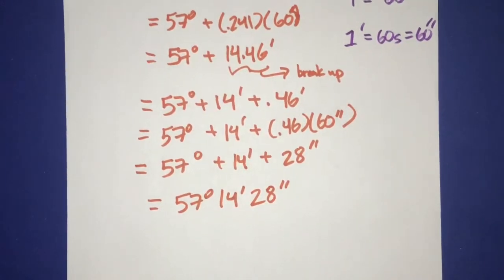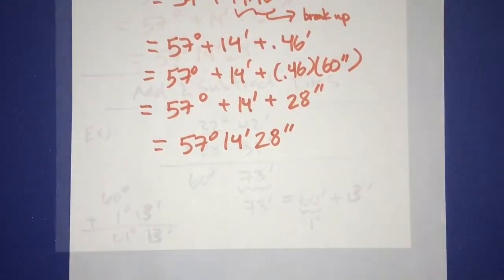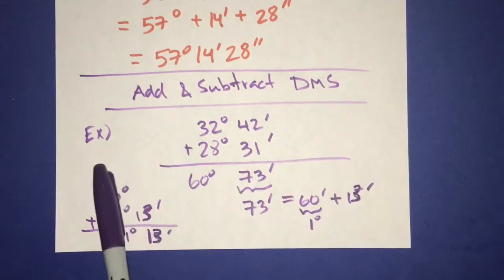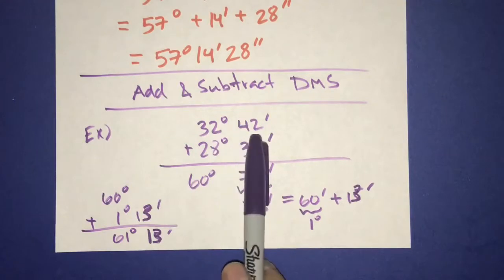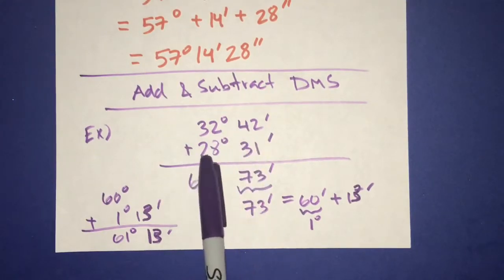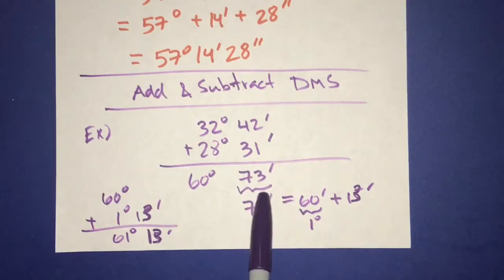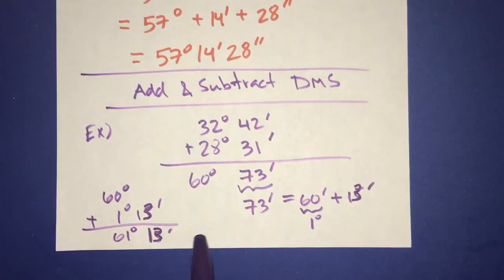Okay. And likewise, we can also add and subtract using degrees, minutes, and seconds. So a quick example. Say we have 32 degrees and 42 minutes, and we want to add 28 degrees, 31 minutes. Okay, so when we add the minutes, we get 73 minutes, and when we add the degrees, we get 60 degrees.